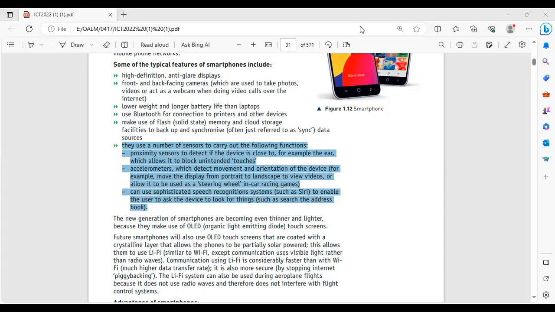Basically, it tells us that the sensors that are used are sometimes called proximity sensors, accelerometers and some speech recognition systems. It actually enhances our way of using the device. Okay. Anyone? Anything else?